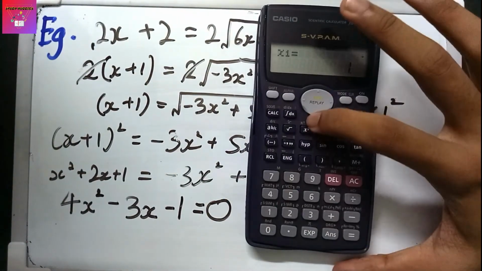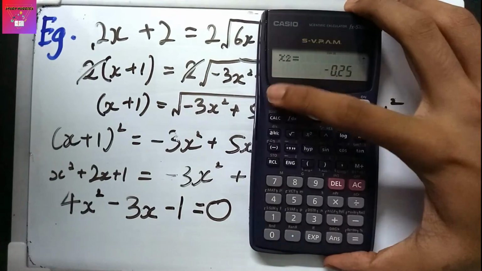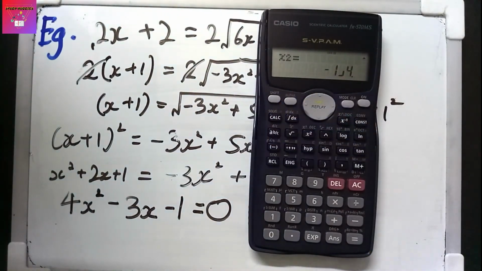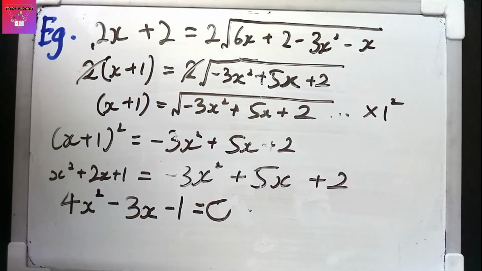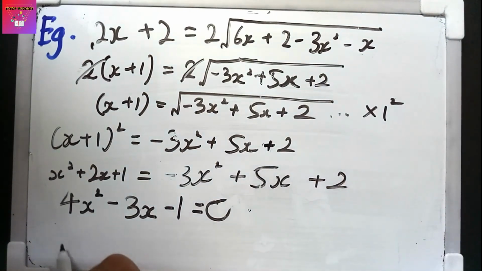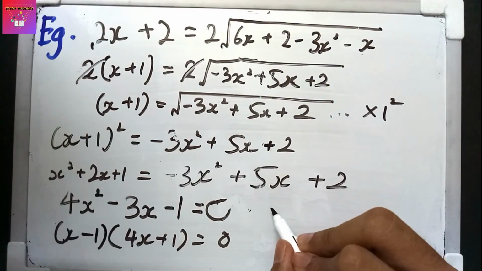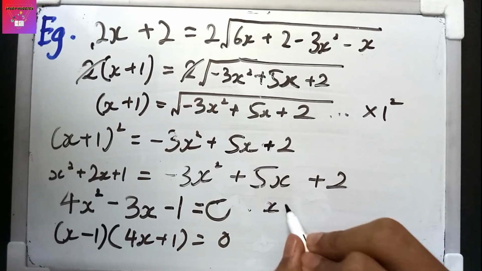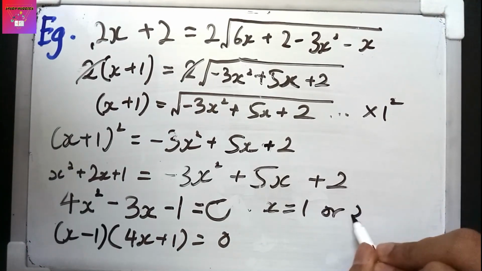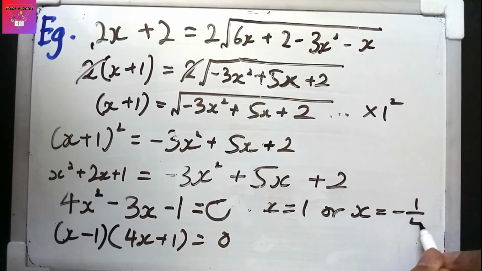You're going to get answers 1 and negative 1 over 4. So therefore it's x minus 1, 4x plus 1 equals to 0, and therefore the answer for this whole question is x equals to 1 or x equals to negative 1 over 4.